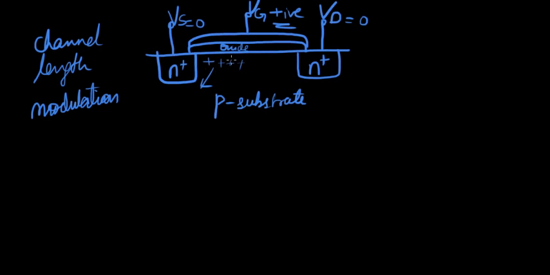So when they're repelled, what we are left with are negative ions, correct? So this is clear. We give a further positive voltage and we're going to have another layer of negative ions. Alright, now this is fine.